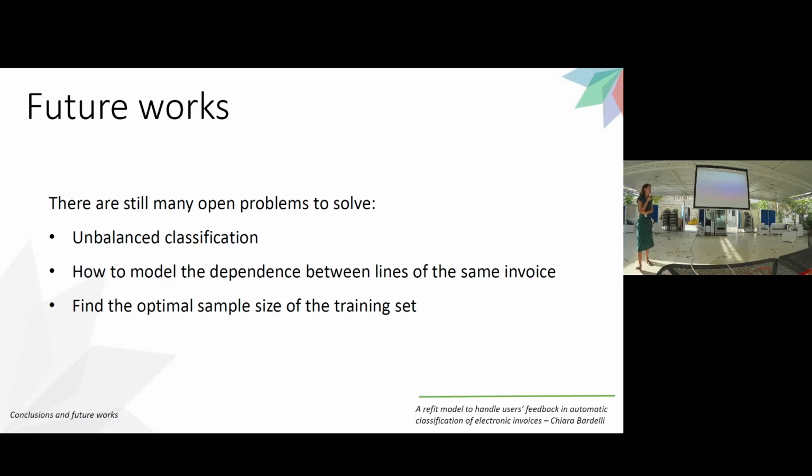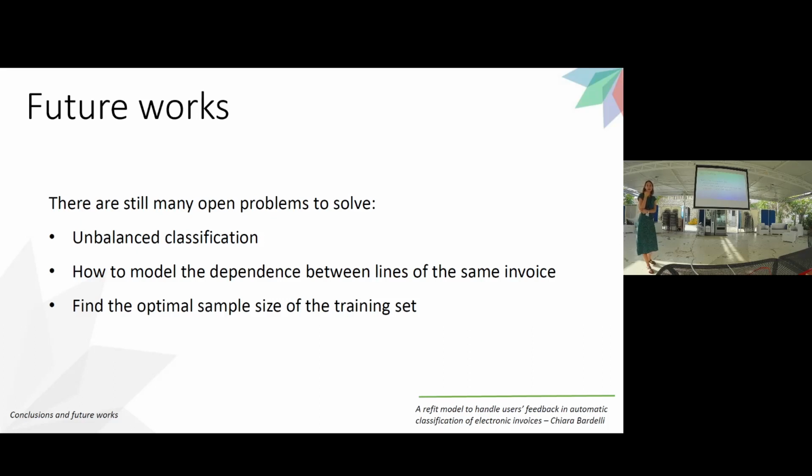And we also have an unbalanced classification, because in the case of accounting codes we have a very high number of classes, and so it's not easy for the classifier to learn, especially the relations in the case of low-frequency classes. Then also here we are considering lines of the invoices as independent, but this is not so true, because lines that belong to a single invoice obviously share some information that we can maybe exploit to improve the prediction performance.